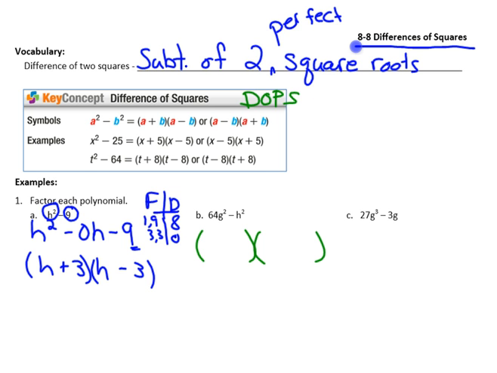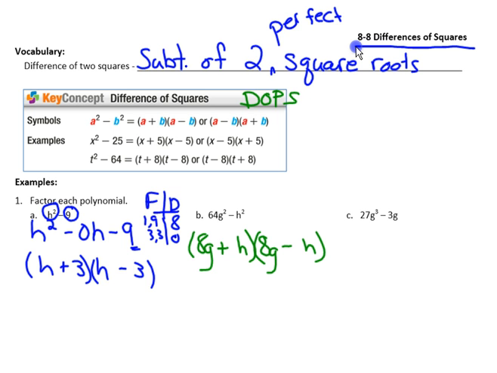I take the square root of 64, which is 8, and it goes one in each parentheses. The square root of g squared is just half of that, so they each get a g. Then I have the second term, h squared, which the square root of that is h. One gets a plus, one gets a minus, and you're done.